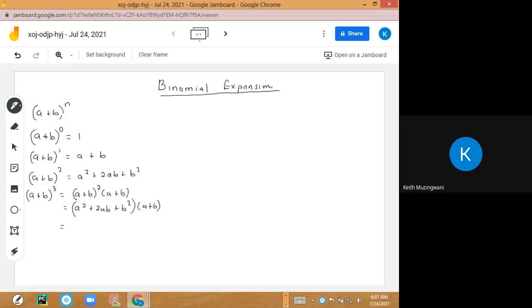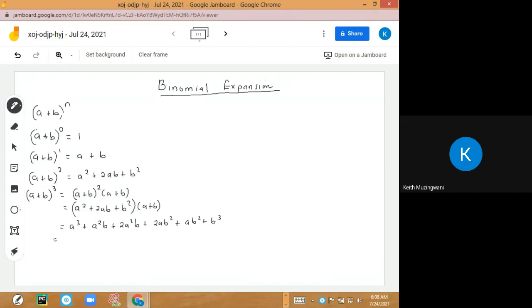A squared times A, we get A cubed, plus A squared B plus 2A squared B plus 2AB squared plus AB squared plus B power 3.